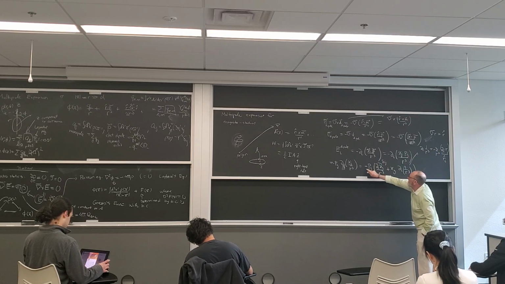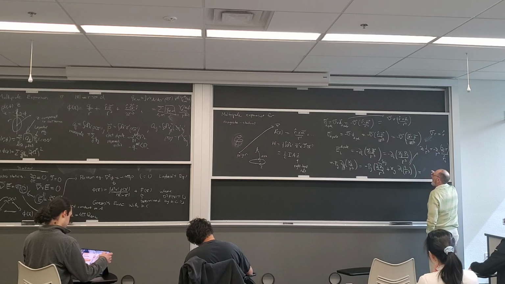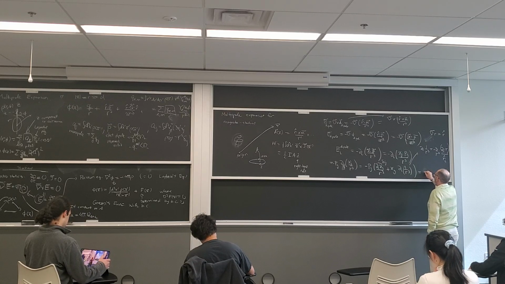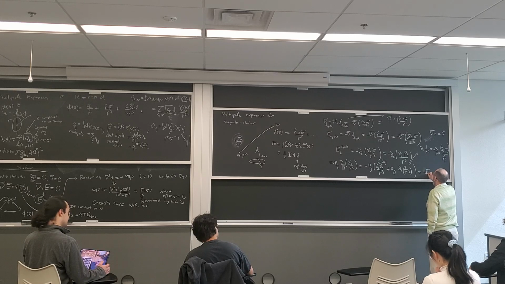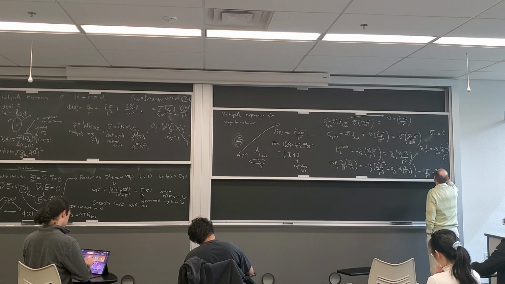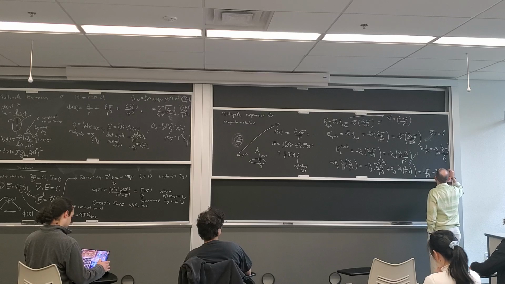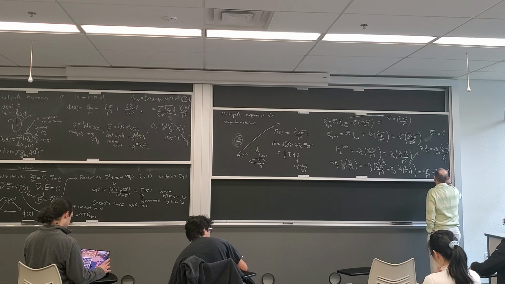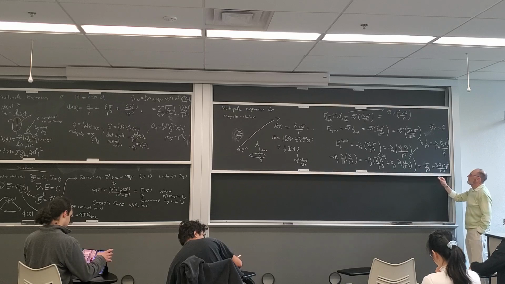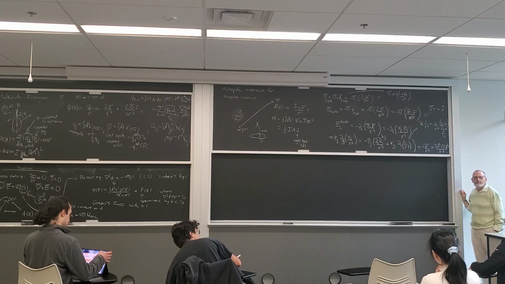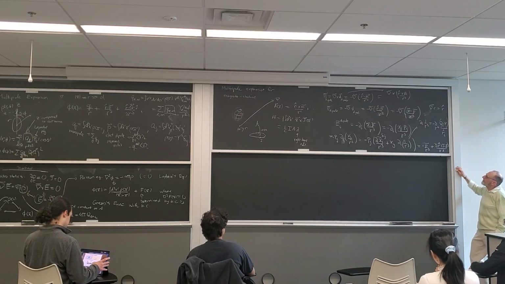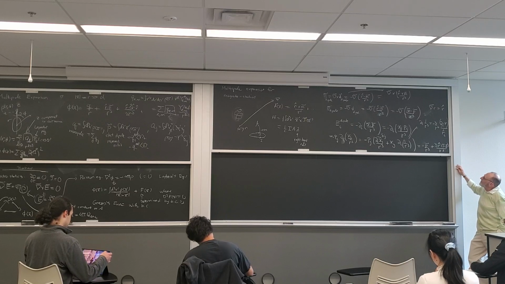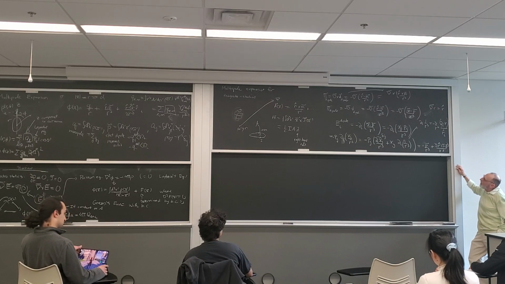Let's see, I got the minus signs, I get these 3's. So I have minus P over r cubed plus 3 r hat times r hat dot P over r cubed. So that's the electric field associated with the dipole.